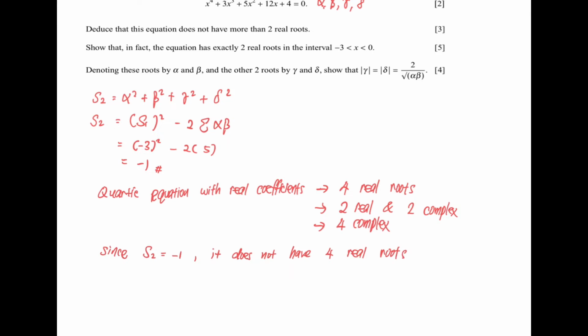The second thing is, if it does not have 4 real roots, then it will have 2 real and 2 complex roots, or 4 complex roots.